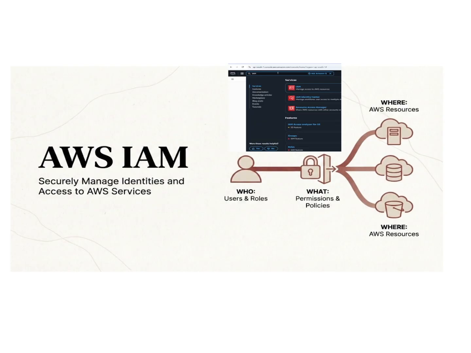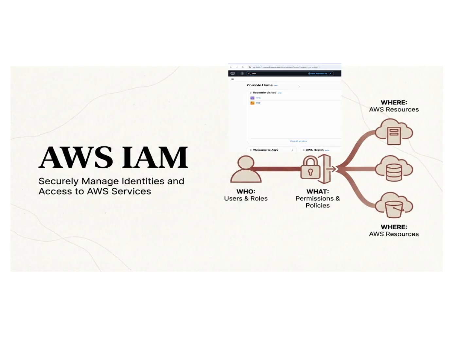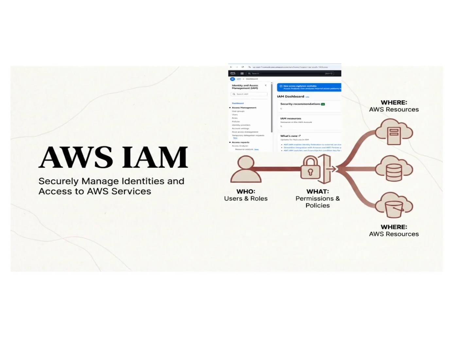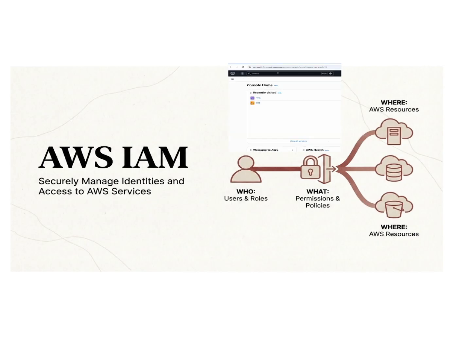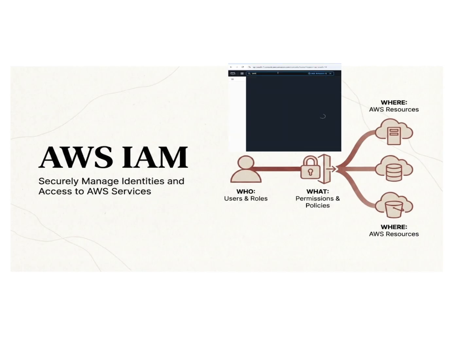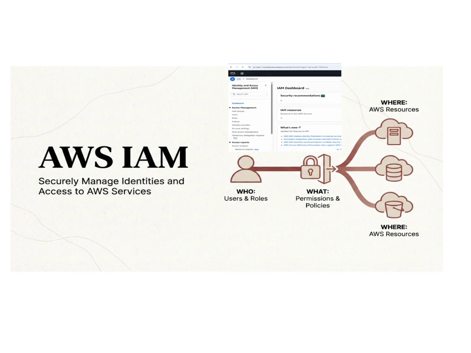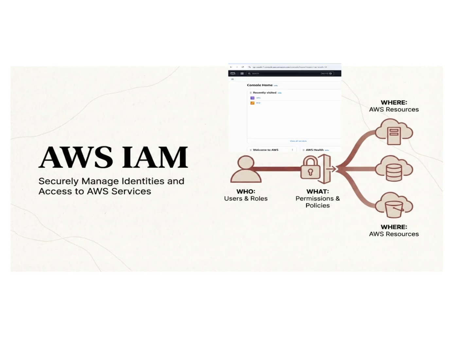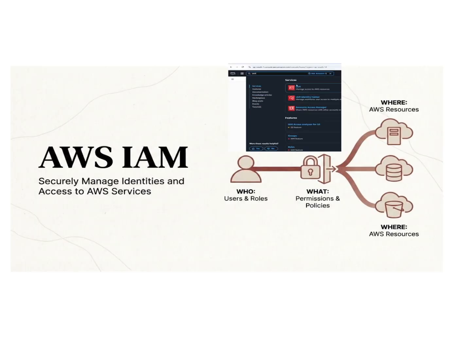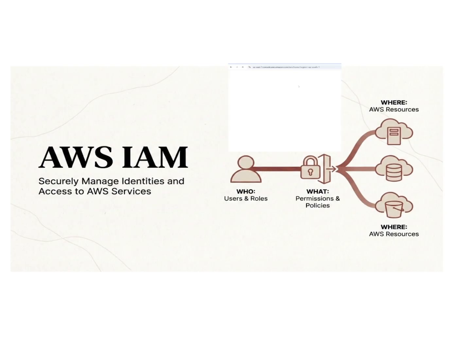Now we can restrict the access of that particular user. Assume there is a user called Arun. He wants to access only the S3 service or a specific S3 bucket. We can add policies or permissions to that particular user, Arun, so that we can restrict him to use only that particular service, which is nothing but an S3 bucket.